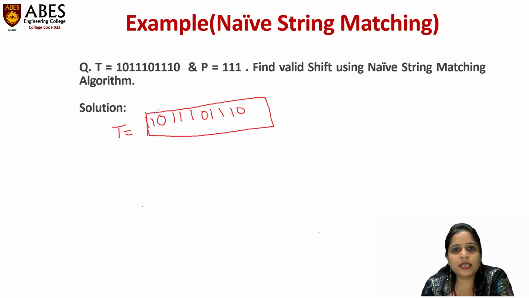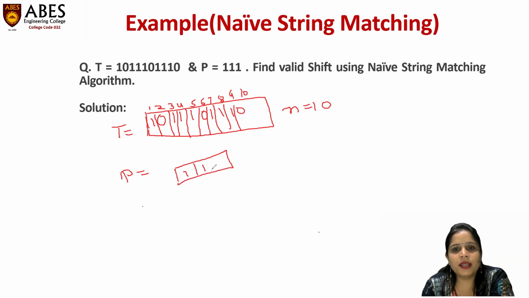The size of this text array is 1, 2, 3, 4, 5, 6, 7, 8, 9, 10, so the value of n is 10. Second, we are given a pattern, and its value is 1 1 1. The size of this pattern is 1, 2, 3, so the value of m here is 3.